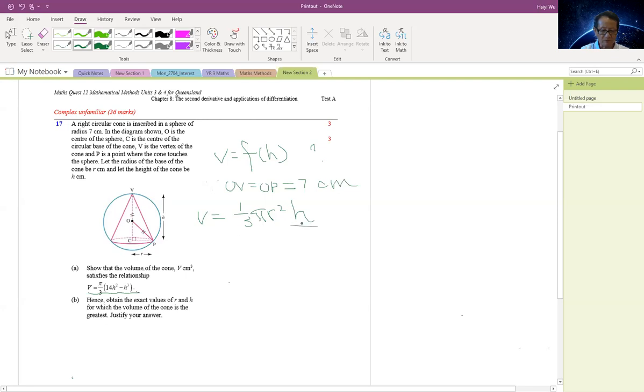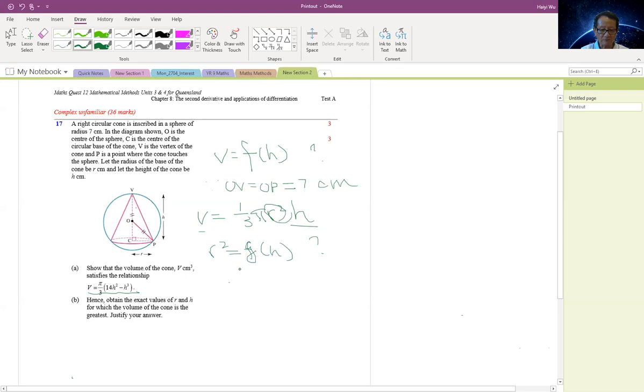At the moment we need volume against h, but we need to get rid of the r squared. So we need to find out what r squared is in relation to h. We need this relationship.